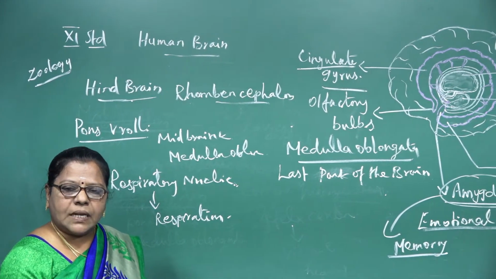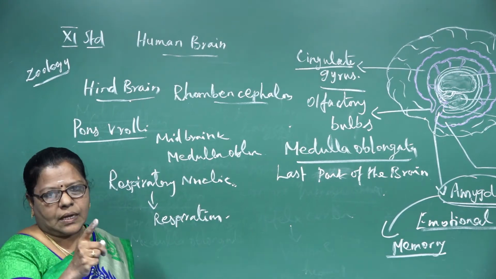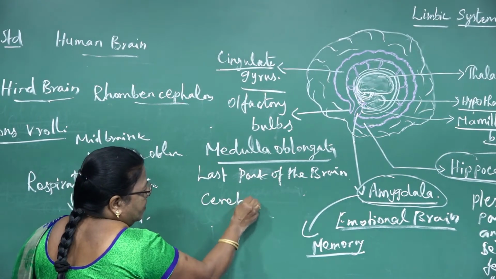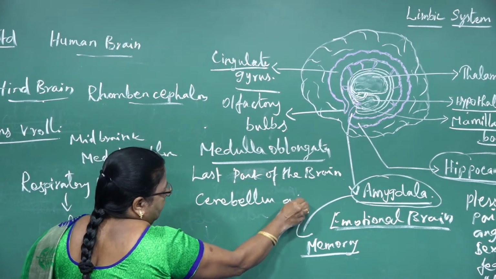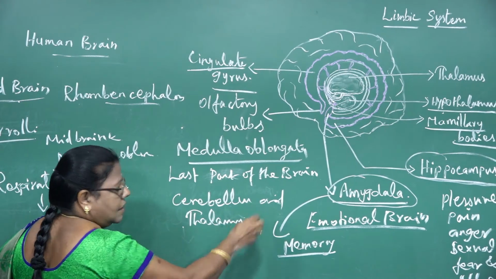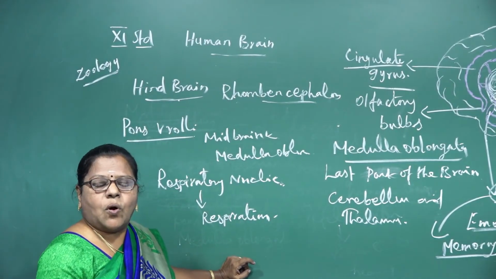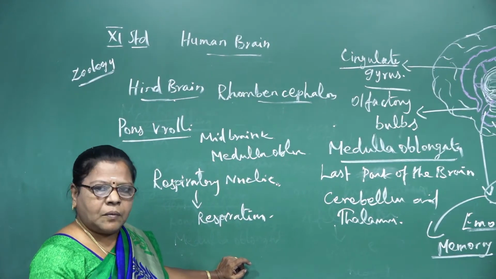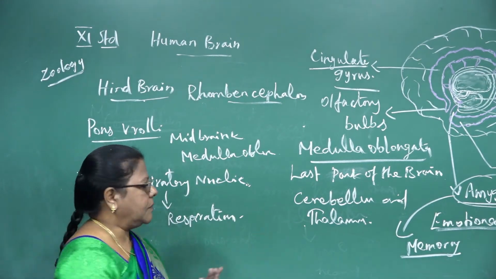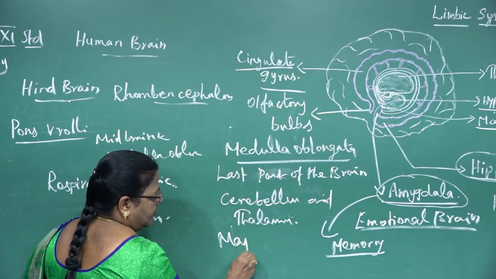It carries the stimulus from the spinal cord to the cerebellum as well as the thalamus. It controls and coordinates the body. That means it is one of the major parts of the brain.